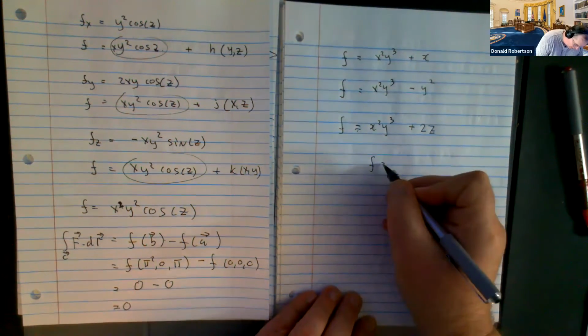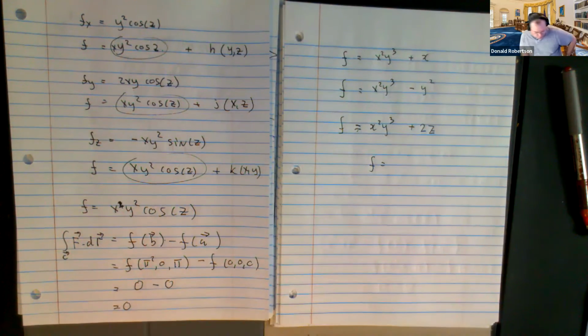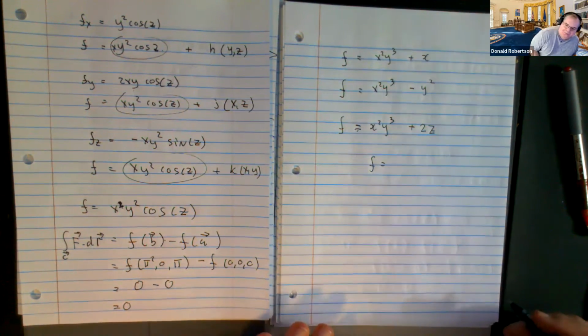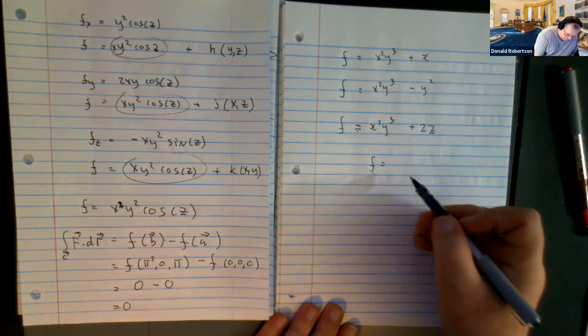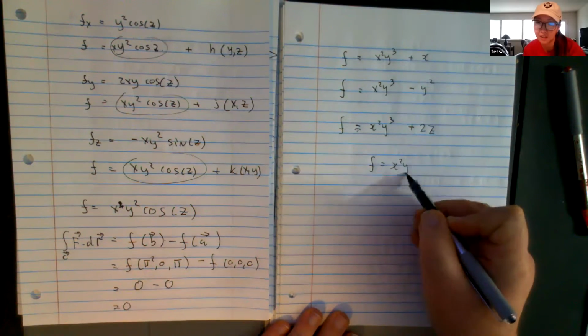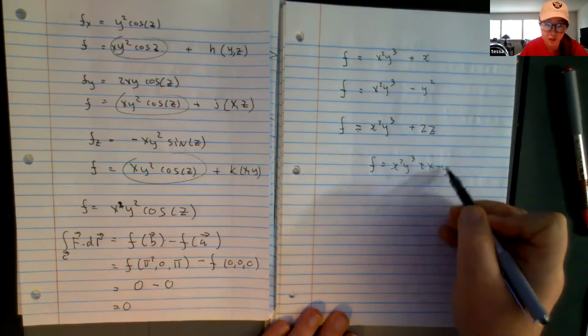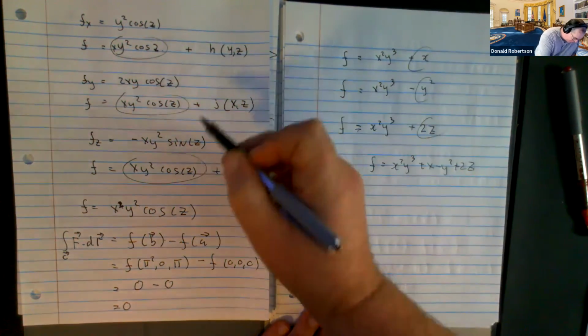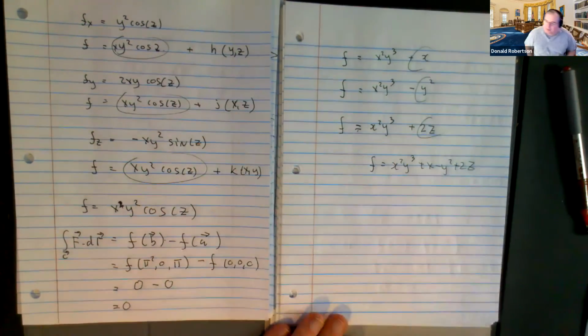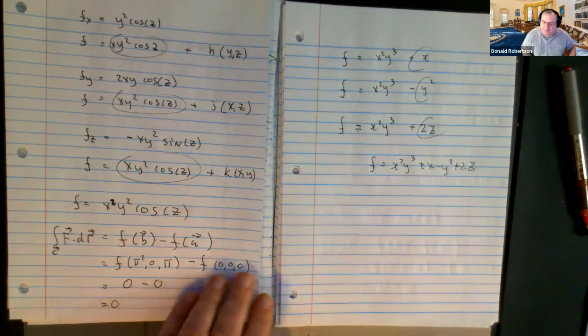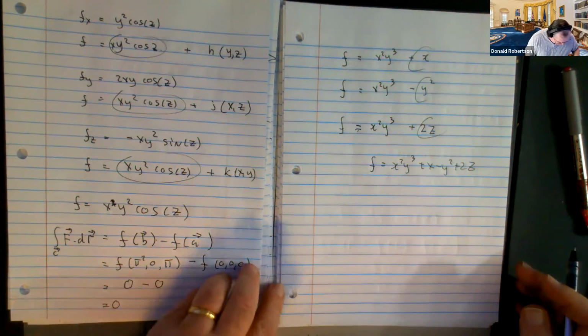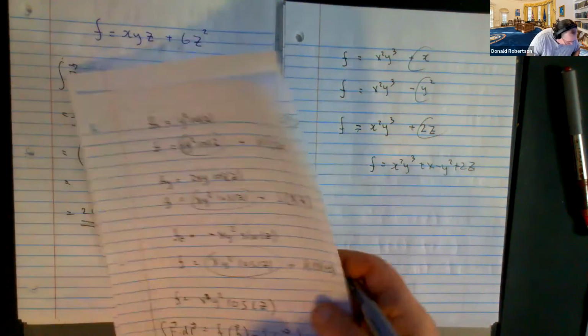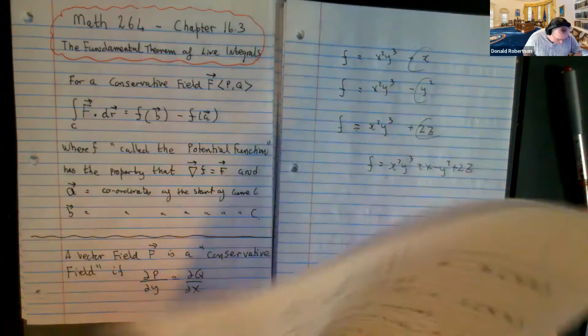Based on what I have got here, what would the potential function be? X squared y cubed plus x minus y squared plus 2z. And aren't they just the placeholders for the bump, bump, bump? Just wanted to emphasize that one more time.